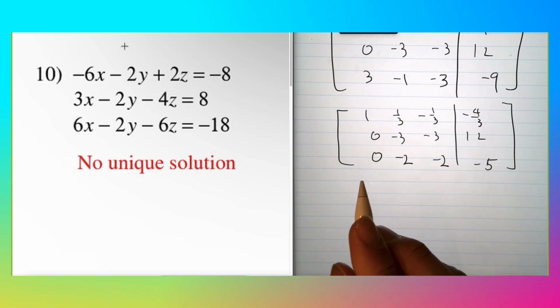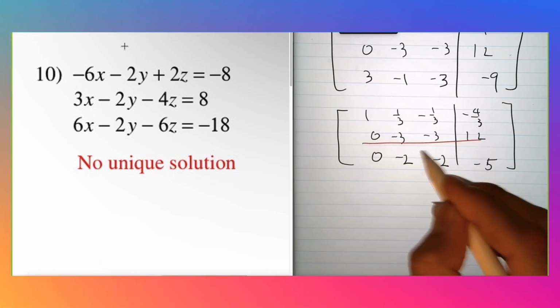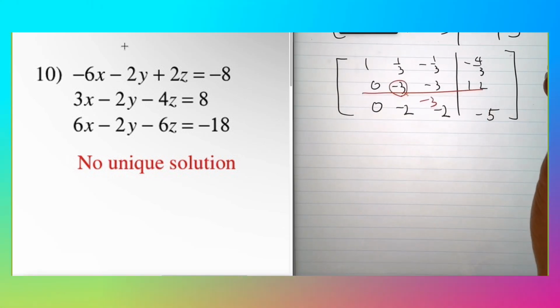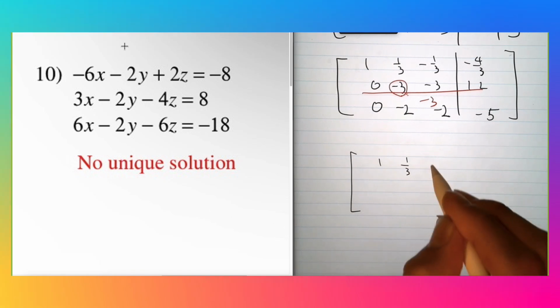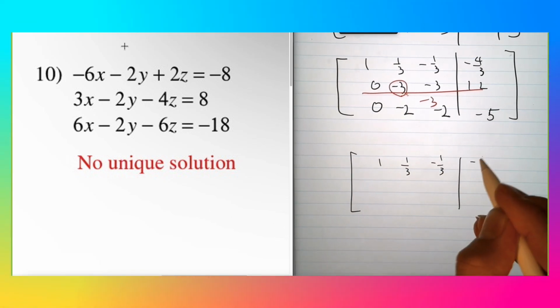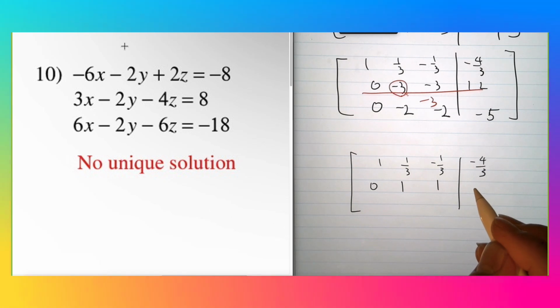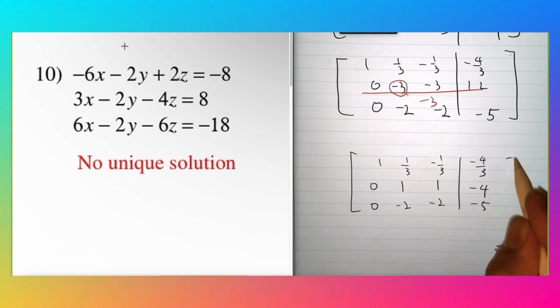Okay, if I divide the middle row, row 2, by negative 3, I make this negative 3 into 1. I get 0, 1, 1, and negative 4. 0, negative 2, negative 2, negative 5.